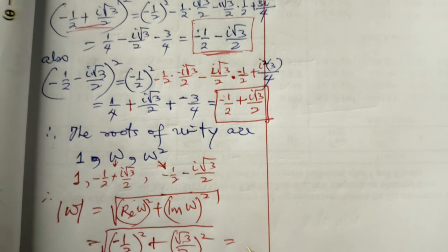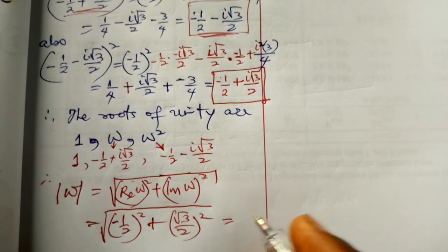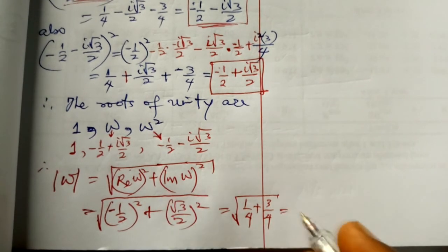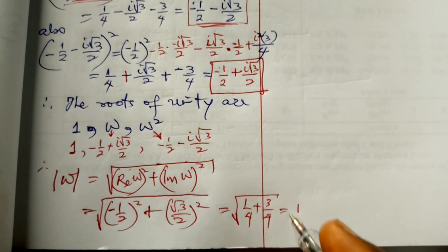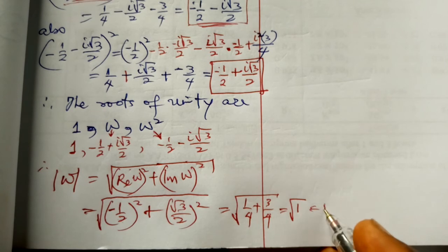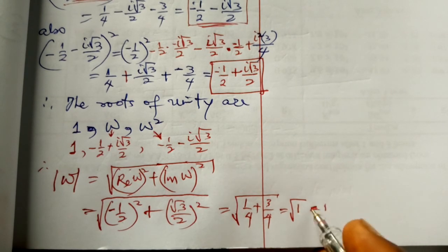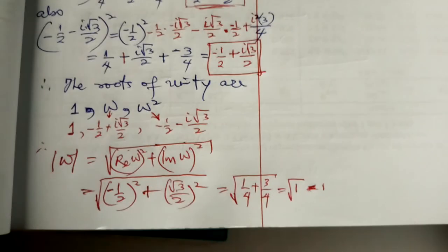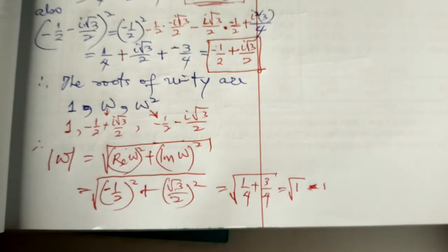Root 3 over 2 squared is 3 over 4. Minus 1 over 2 squared is 1 over 4. 1 over 4 plus 3 over 4 is 1. Square root of 1 is 1. So the magnitude will give you 1.